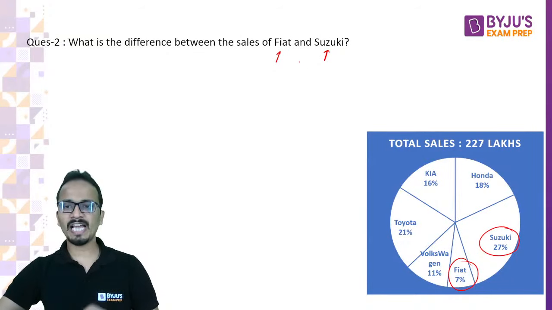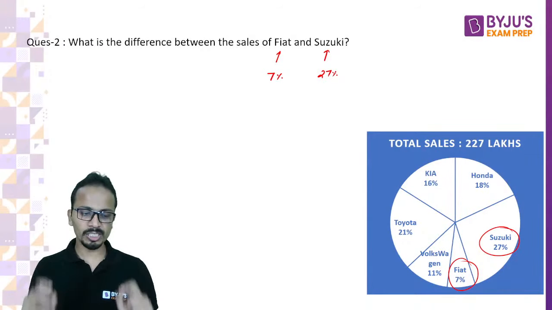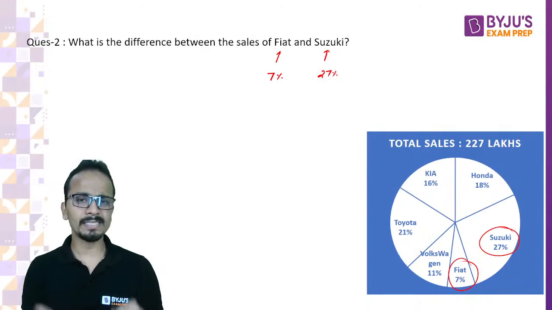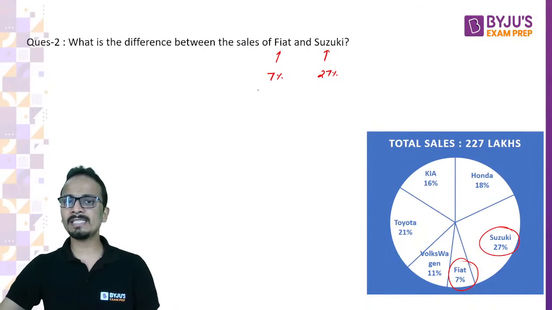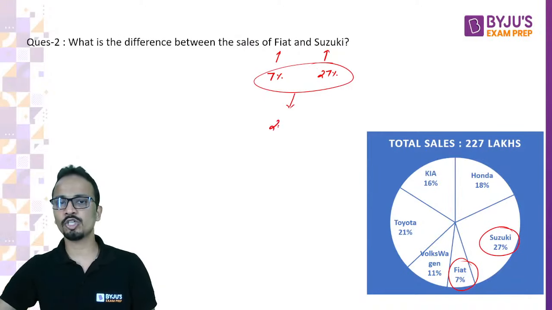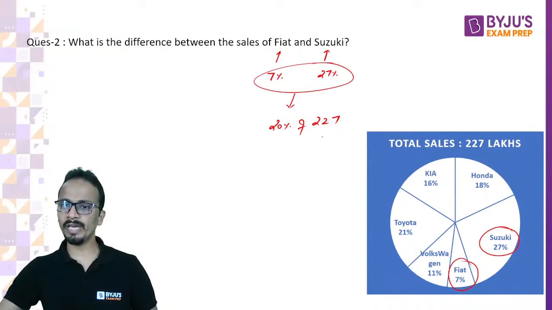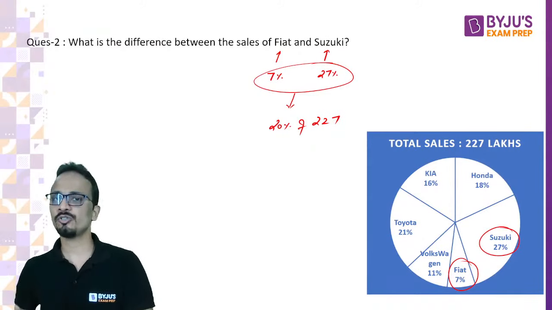Since Fiat is 7% and Suzuki is 27%, and for these two values the base is the same, I can say that the difference between these two values will be the difference in these percentage values, that is 20% of 227. That's all. So no need to calculate separate values for Fiat and Suzuki.